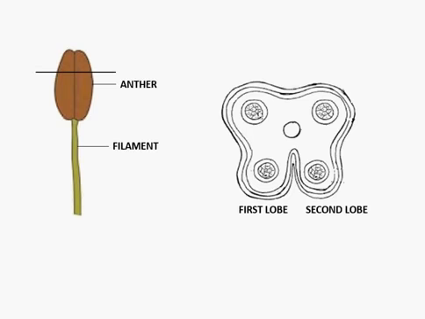Each chamber consists of a microsporangium. And these two lobes are joined by a connective tissue which consists of a vascular bundle which supplies the nutrients to the anther lobes.